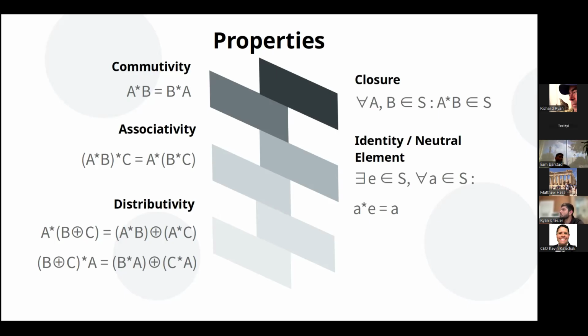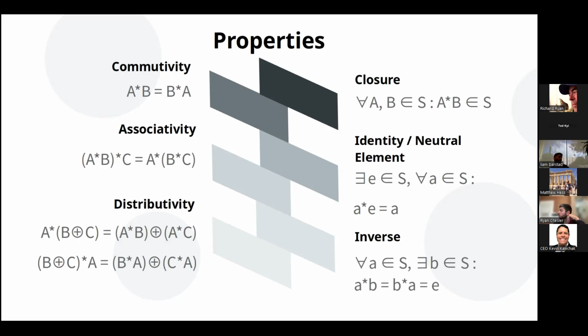So there exists a value E, that's what that backwards E is, within the set S such that for all A also in that set S, A times E equals A. So basically in the set of real numbers, this would be 1, and in matrices, this would be the identity, but we'll talk about that in the next slide.